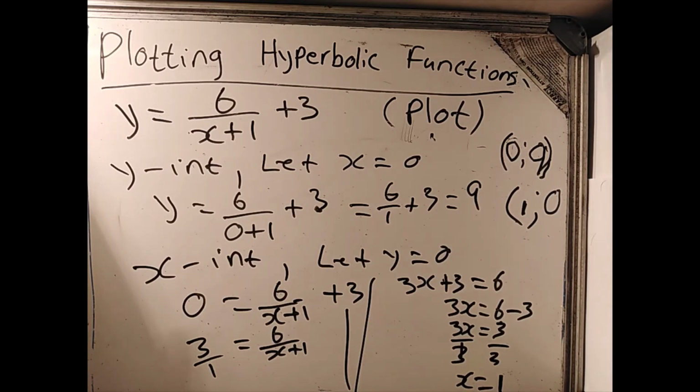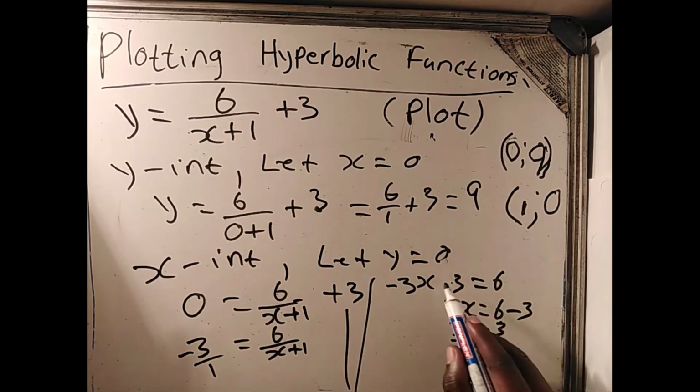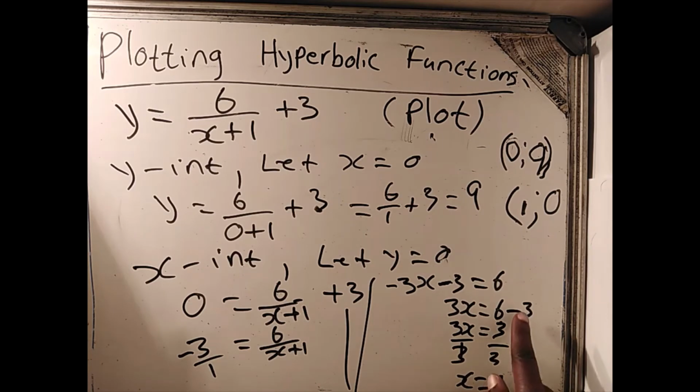We are making a mistake here. Remember, when this 3 went to this side, it's supposed to be negative. So if this is negative, if we multiply this and this, you're going to get minus 3x, and then we'll end up with minus 3 here, and because of that we'll end up having 6 plus 3.